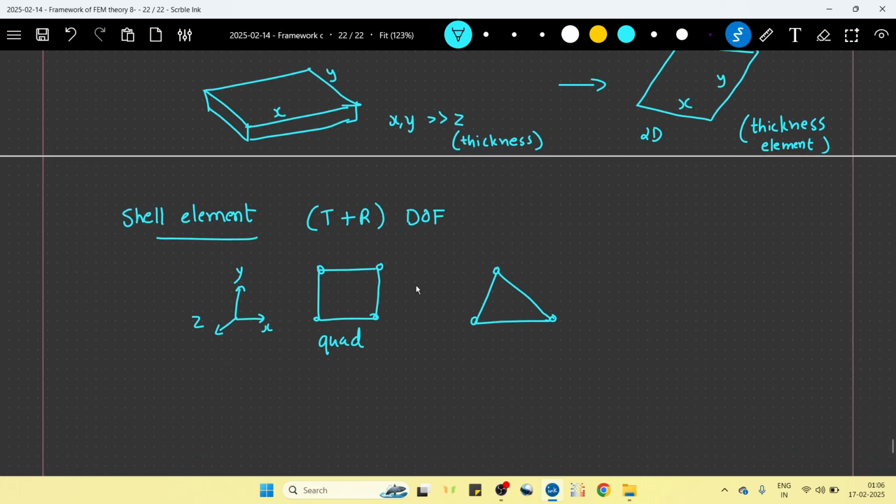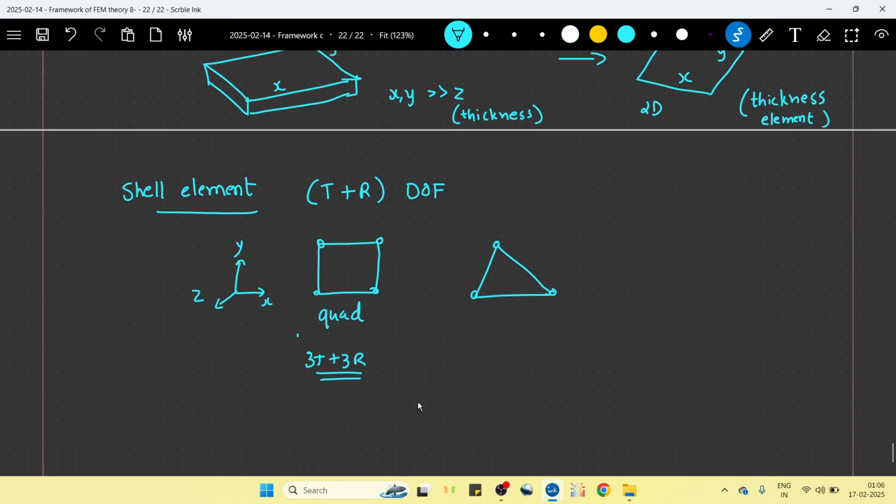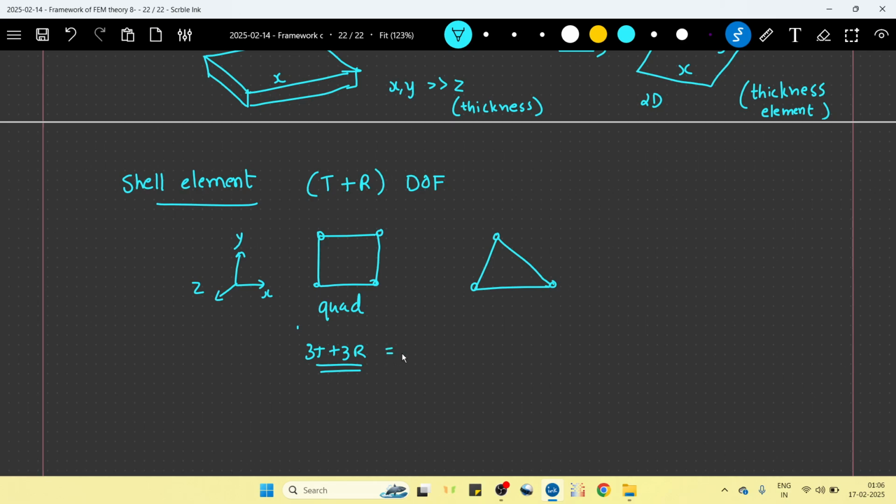For each node there are three translation plus three rotational degrees of freedom, that means 6 degrees of freedom per node. So if I take the degree of freedom per element for a quad shell element, it will be 6 into 4 nodes, 24 degrees of freedom.